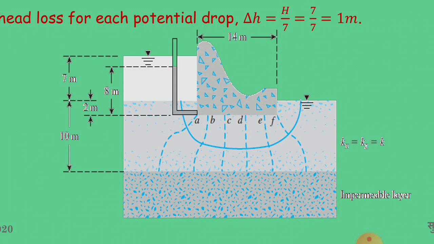In this figure, water flows from the upstream to the downstream side. From the flow net, it can be seen that there are 7 equipotential drops. So the head loss for each potential drop can be calculated as total head by number of equipotential drops, that is 7 by 7, which is equal to 1 meter.